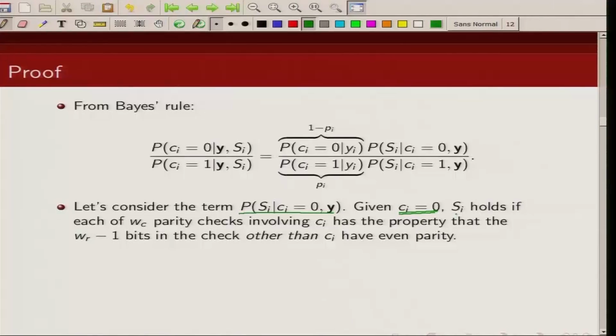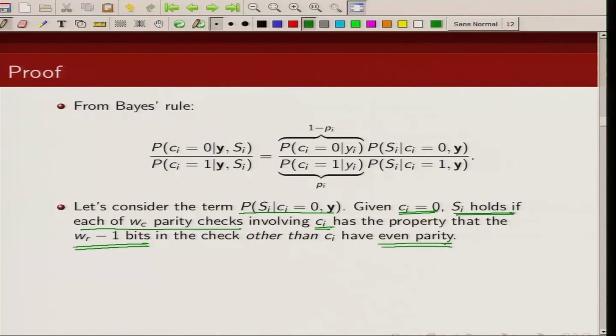So, this event will be satisfied if, in each of these parity check equations where Ci is involved, all other bits involved in the parity check equation, in case of a regular LDPC code that number is WR minus 1, have even parity.